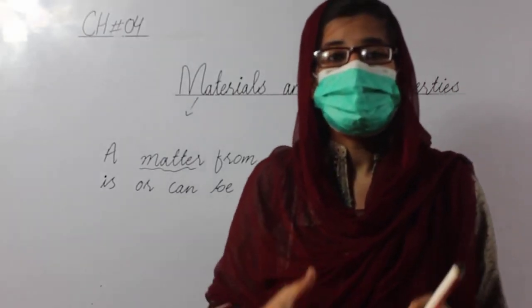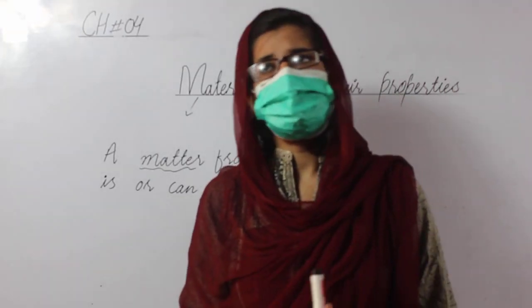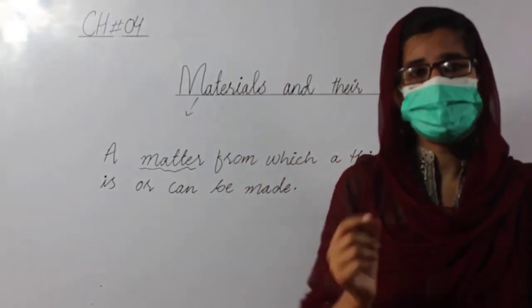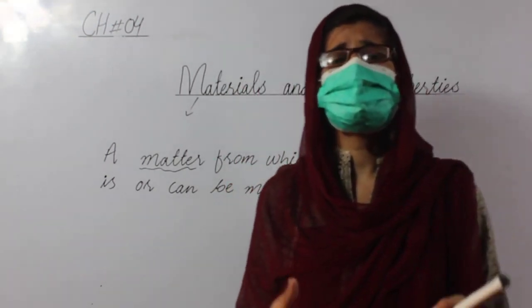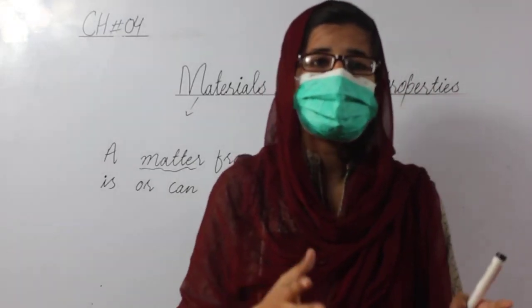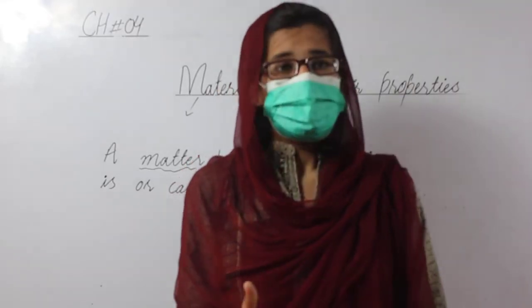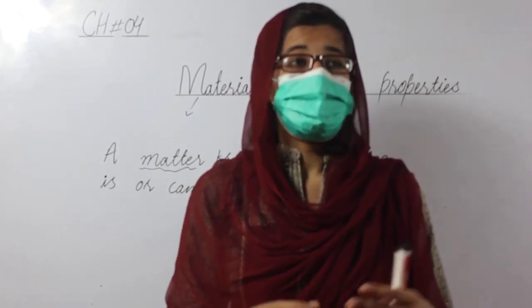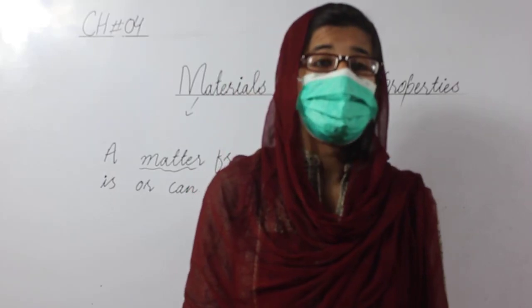Materials can be living or non-living. Pure means it is made from just one thing, and impure means two different materials make a thing. Living things are alive. Material can be alive or not alive.